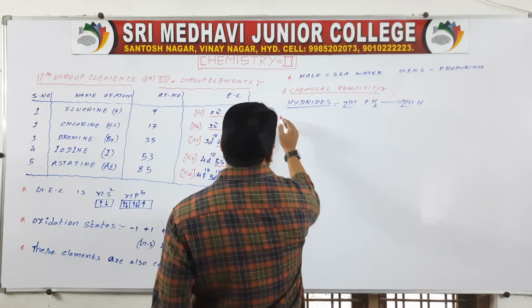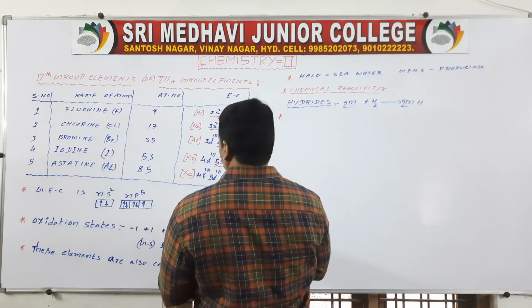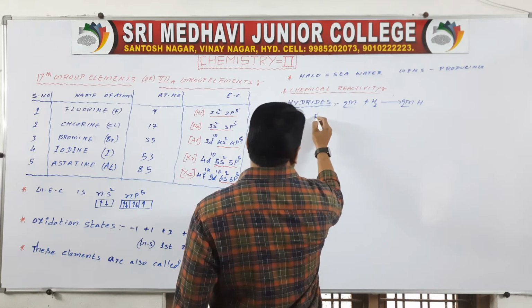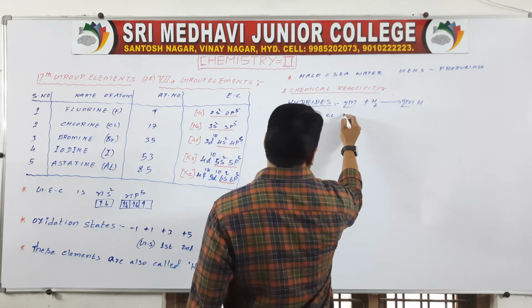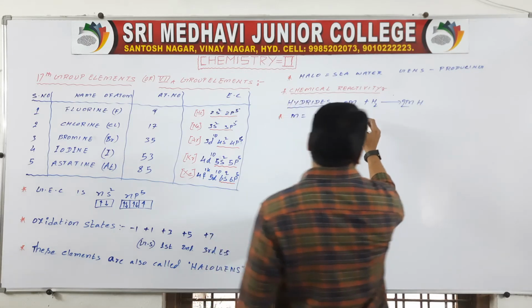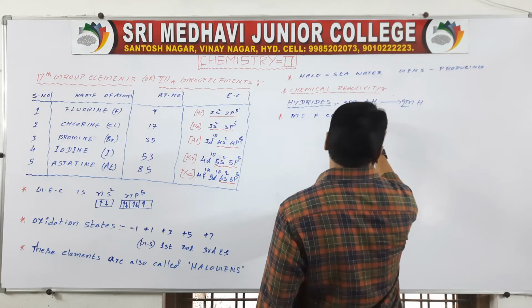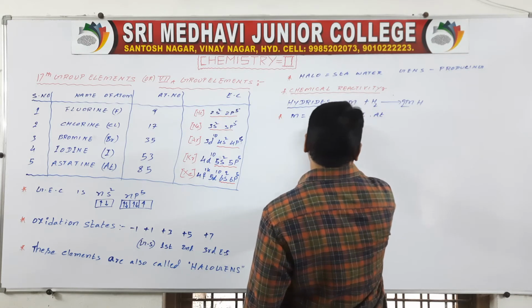Next, M is equal to fluorine, chlorine, bromine, iodine and astatine.